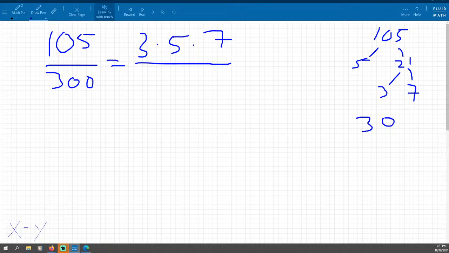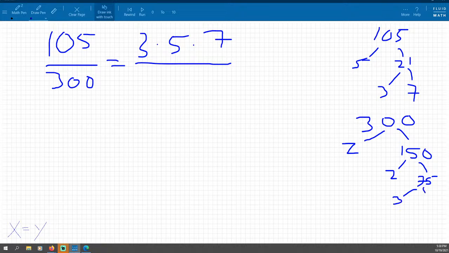For 300, we're going to get 2. Remember, it's an even number, so you can always do that. And then we're going to go to 150. 150 is also even, so it goes 2, 75. 75 is going to be 3 into 25.